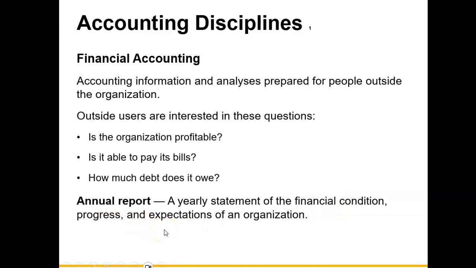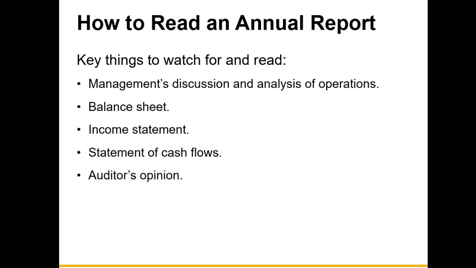expectations of an organization. So if you are a public corporation, meaning that you trade stock on a public stock exchange, you must prepare an annual report each year that provides information about your finances. The annual report, which we'll take a look at in a few minutes, has these key elements.